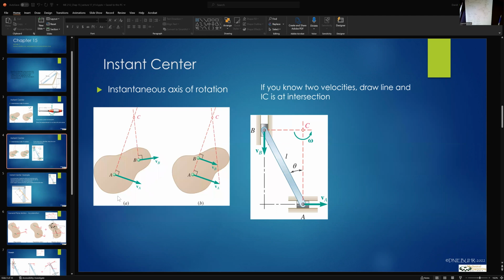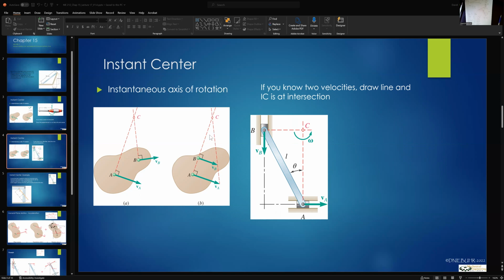So here you can see that because an object has both rotation and translation, you have two different vectors pointing different directions, which is what you'd expect. So when you find two particular points and you draw their perpendiculars where they meet, that's your instantaneous center, meaning that again, that point does not move, but the body rotates about it.